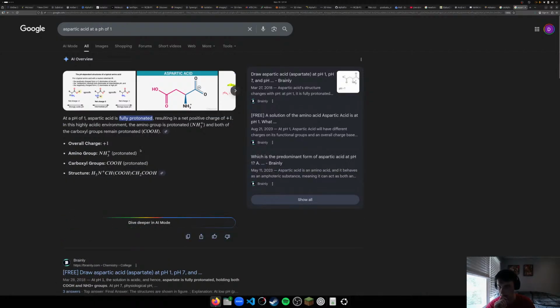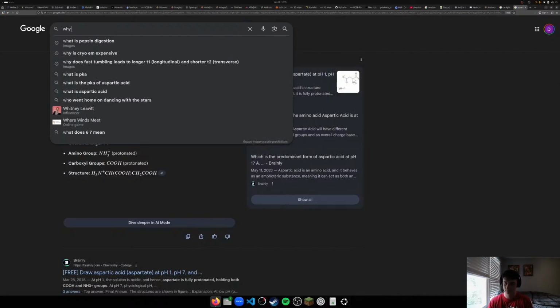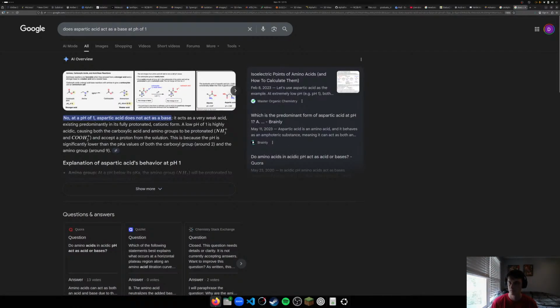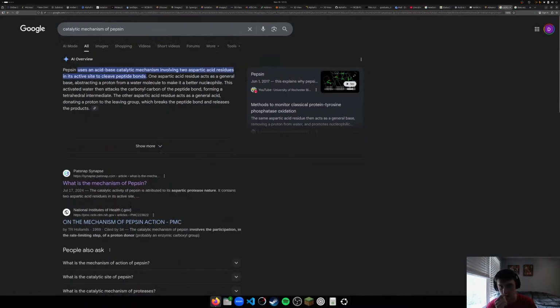So why does it act like a base? I mean, I know these things can act both as acids or bases depending on their environment.